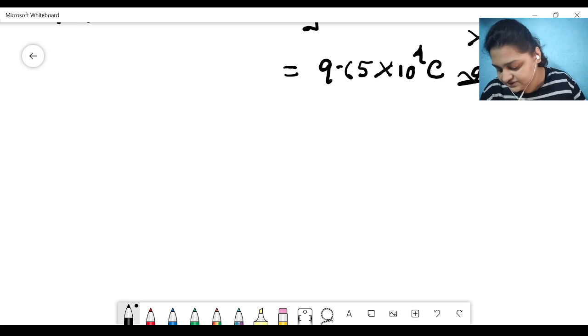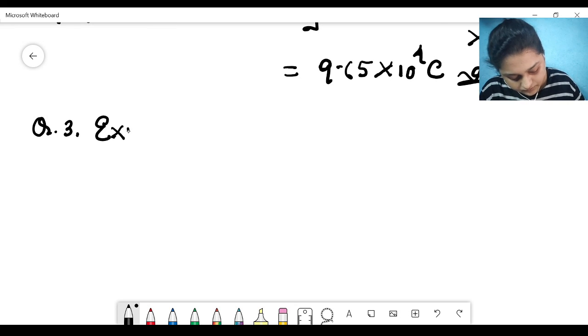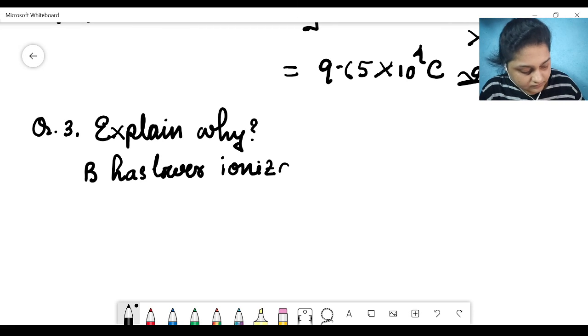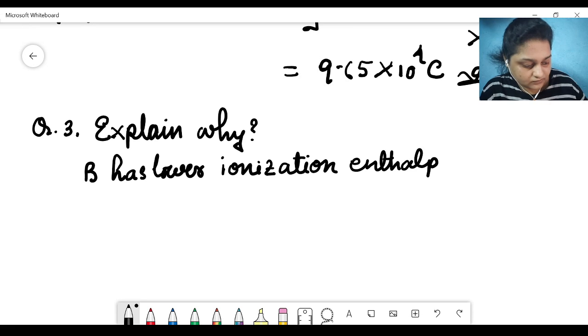The question that we are going to study is: explain why boron has lower ionization enthalpy than beryllium.